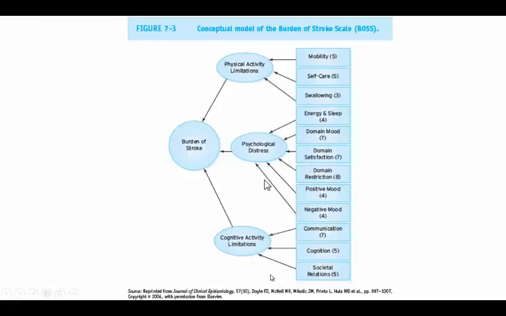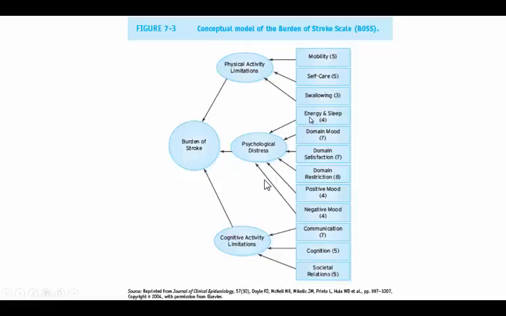This is the scale right here, and as you can see in the scale, this is the final score, the burden of the stroke, and you can see that some questions are talking about mobility, self-care, and swallowing. So this part is the physical activity limitation part.